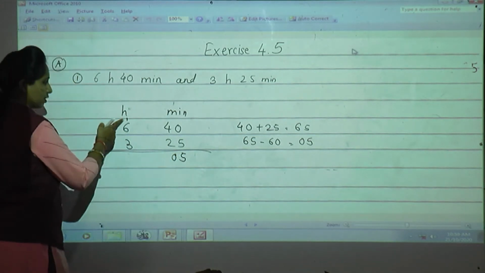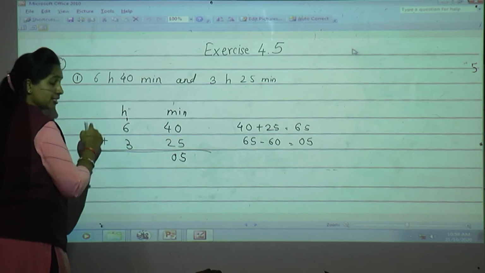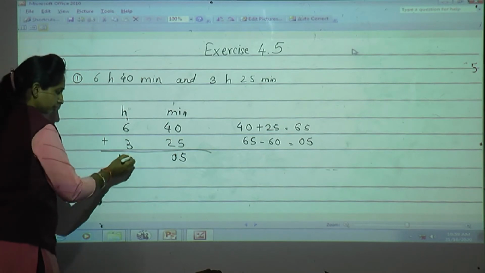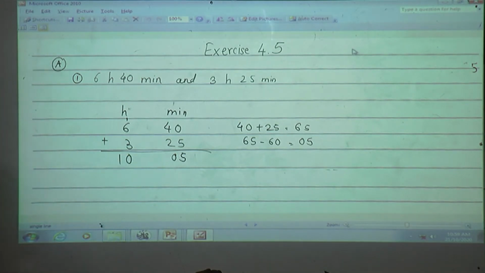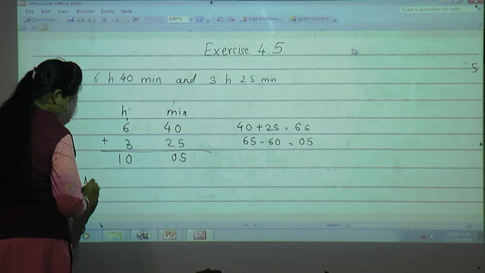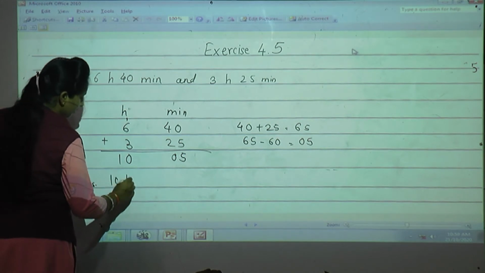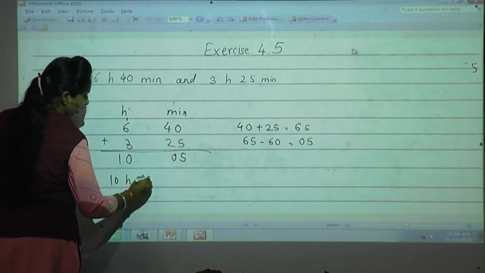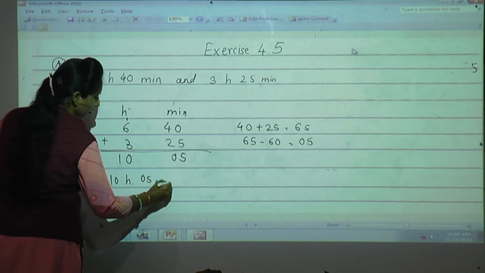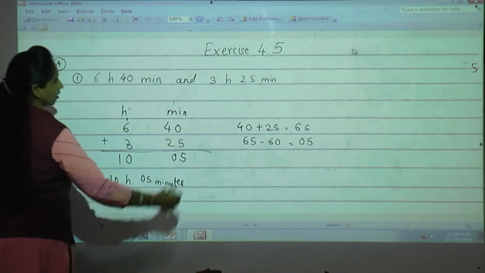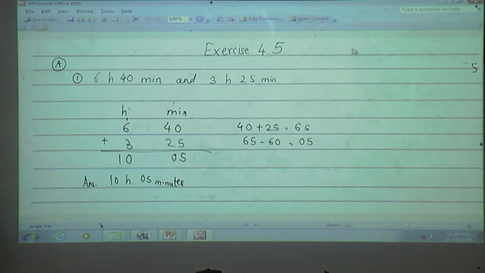Now we will add hours. 1 plus 6 is 7. 7 plus 3 is 10. Clear? So what is the time here? Write your answer: 10 hours 5 minutes. In this way you have to solve.